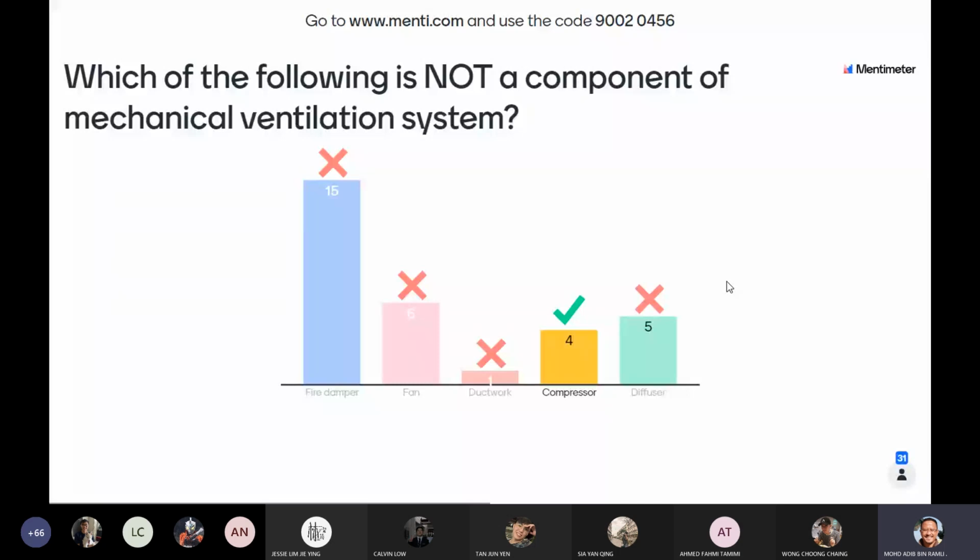So the correct answer here is compressor, which is a component of the air conditioning system. So it's not under the mechanical ventilation system. Even though the air conditioning system also has a mechanical ventilation system as part of it, the compressor is not considered a mechanical ventilation system component.